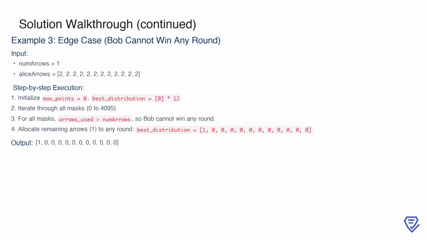As a result, Bob cannot win any round in this scenario. However, instead of leaving the distribution empty, we allocate Bob's 1 arrow to any round, such as round 0, resulting in the final distribution 1, 0, 0, 0, 0, 0, 0, 0, 0, 0, 0, 0. The output for this edge case is 1, 0, 0, 0, 0, 0, 0, 0, 0, 0, 0, 0.